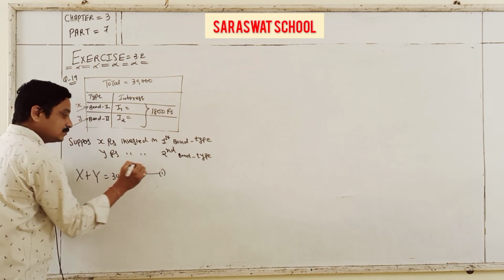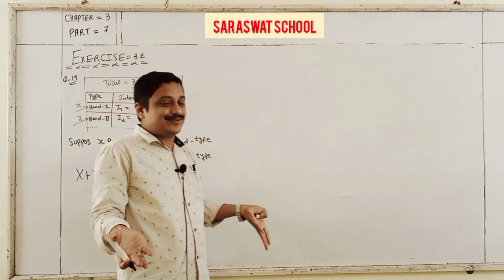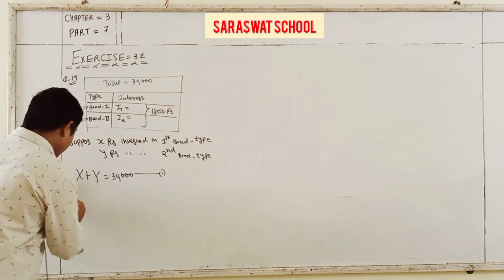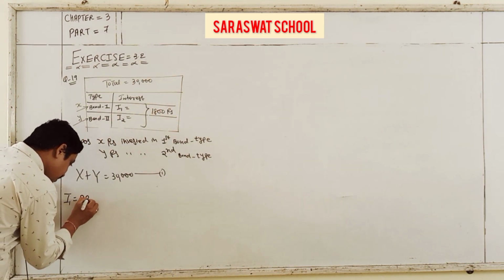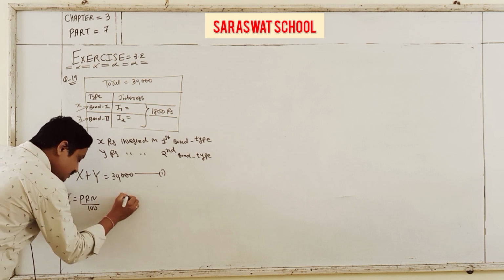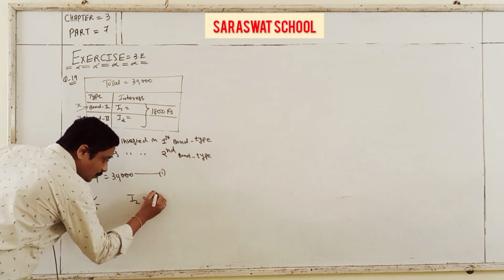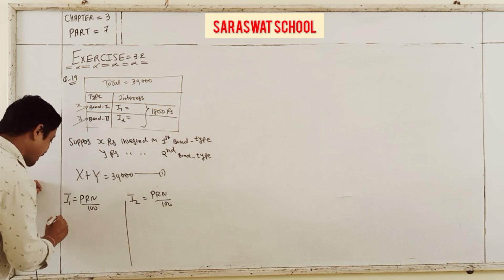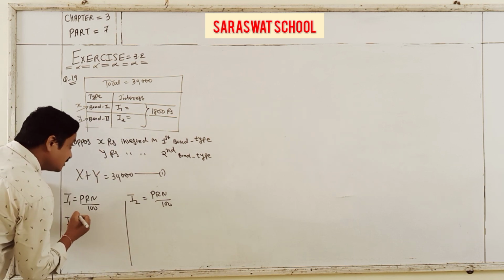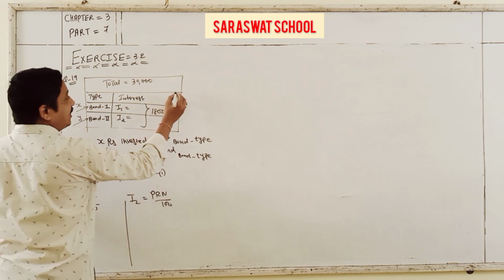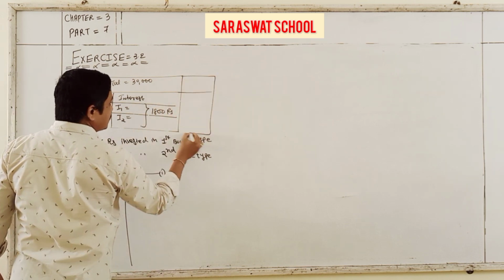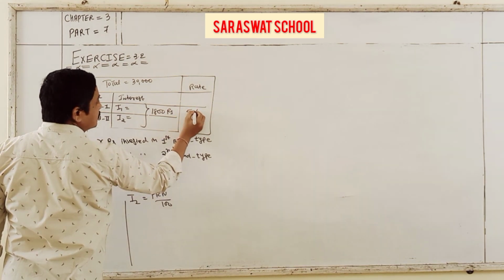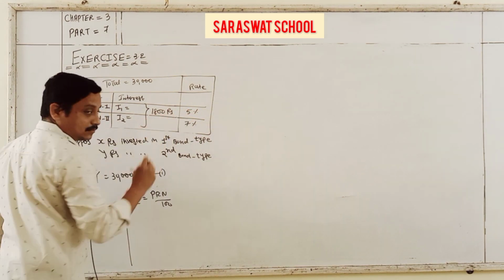Statement 1: x plus y equals 30,000. Now annual interest means simple interest, I1 equals PRN by 100, and similarly I2 equals PRN by 100. For I1, I invested X, and the rate of interest given is 5%, and the other is 7%.